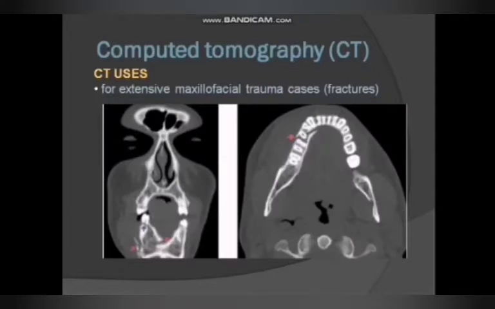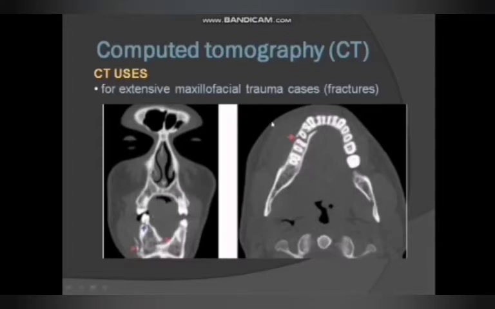Now we're going to talk about the uses of the CT scan. CT scan is used for extensive maxillofacial trauma cases like fractures. Like in the picture here, the CT scan demonstrates comminuted fracture of the right body of the mandible.